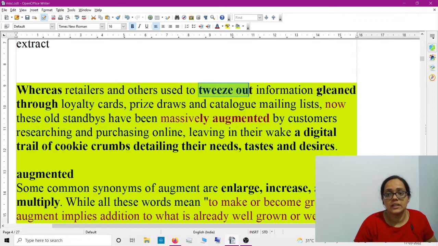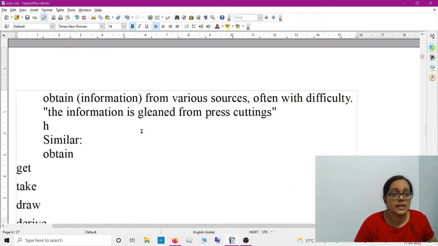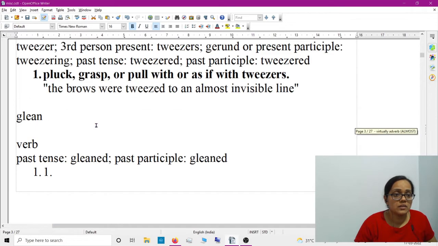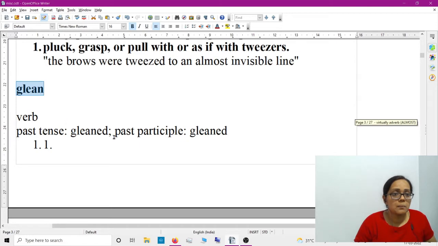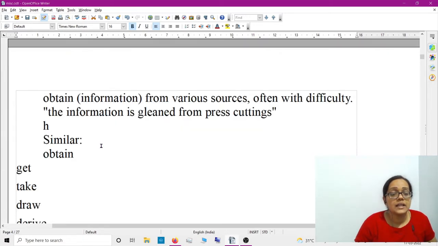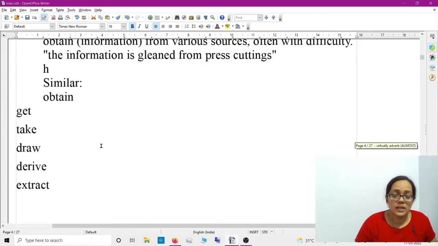Next word is gleaned. What is the meaning of gleaned? Glean. Past tenses are gleaned, gleaned. Glean means obtain, take, extract. Similar meaning only.